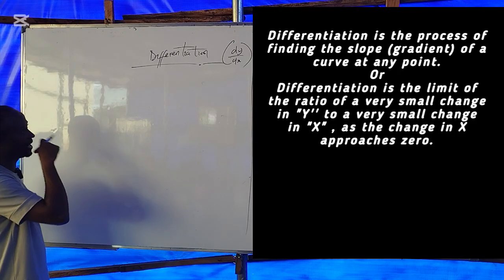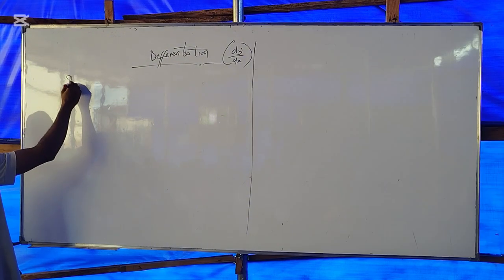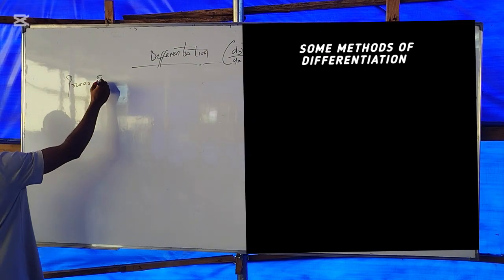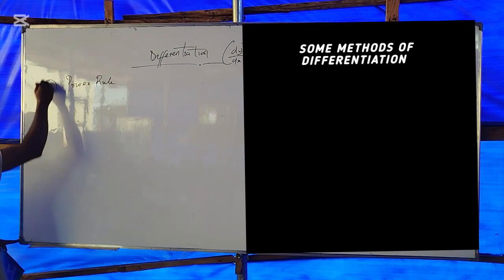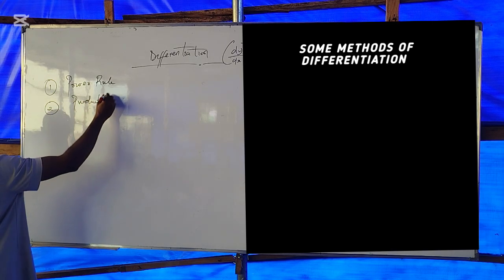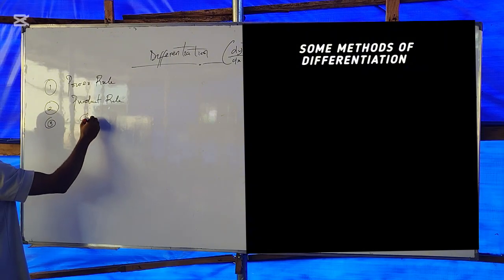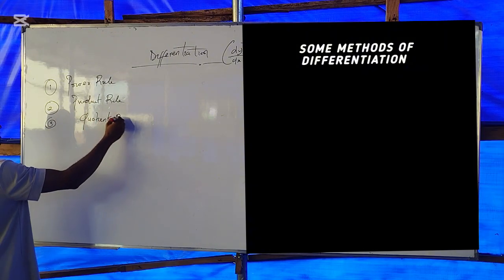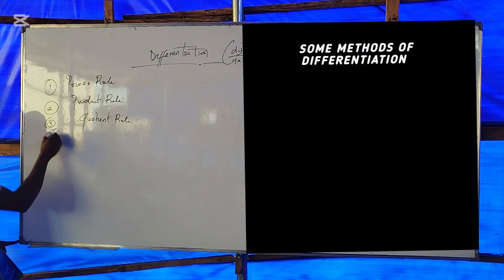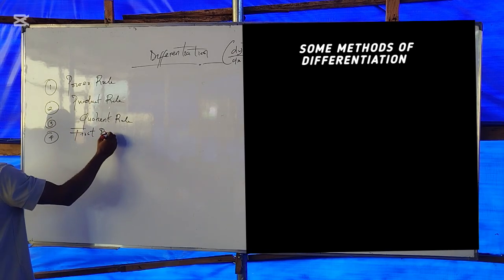If we are to differentiate, we have what we call the power rule of differentiation. We have the product rule, the quotient rule, and the first principle.